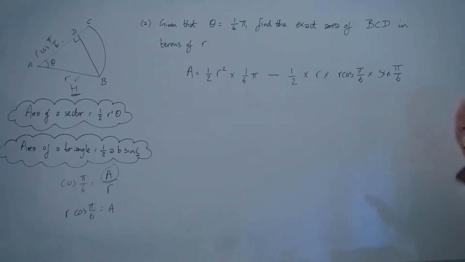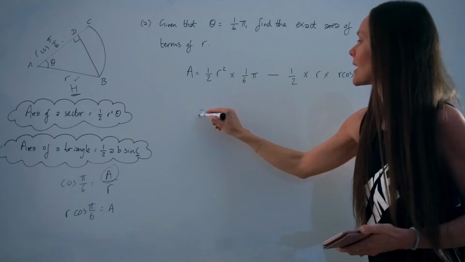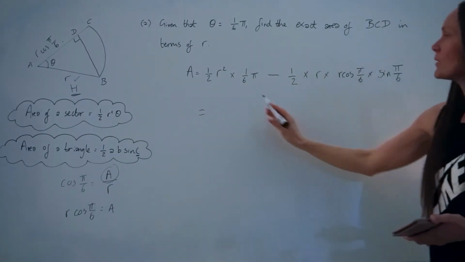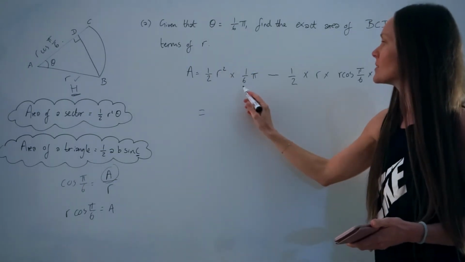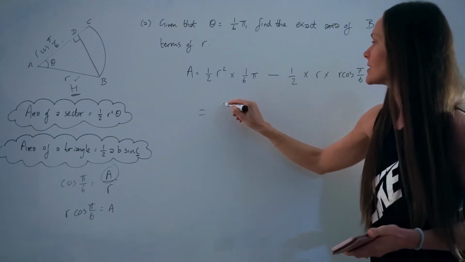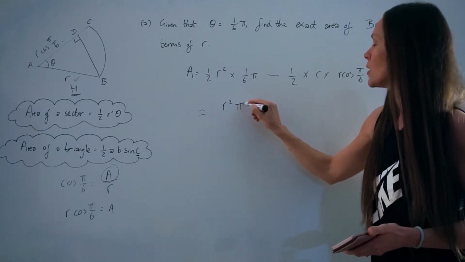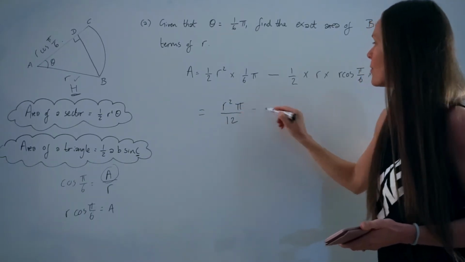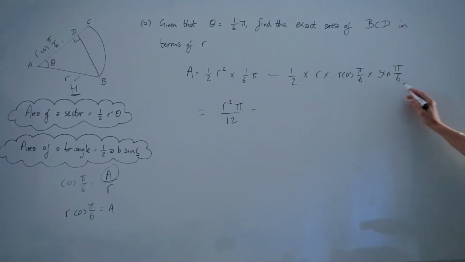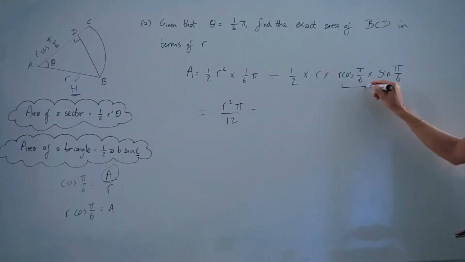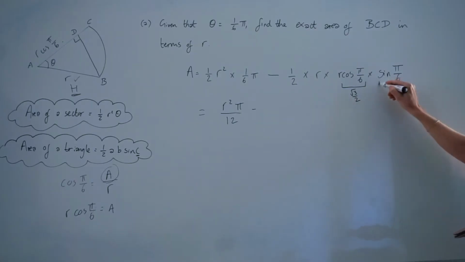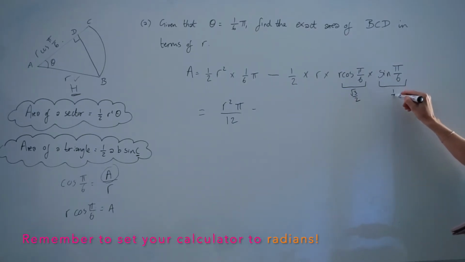So now we just have to simplify this to work out the exact area. So if I multiply these terms together here, I get r squared pi over 12. Then if we work out what this comes to, cos pi over 6 is equal to root 3 over 2, and sine pi over 6 is equal to a half.